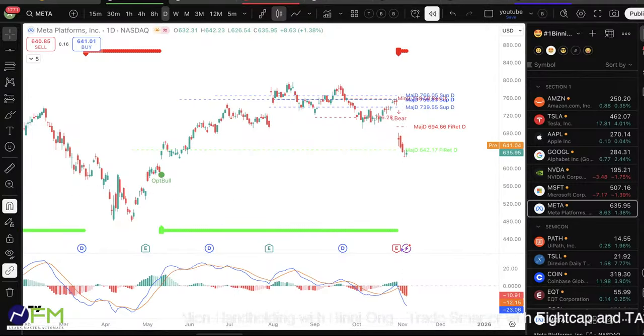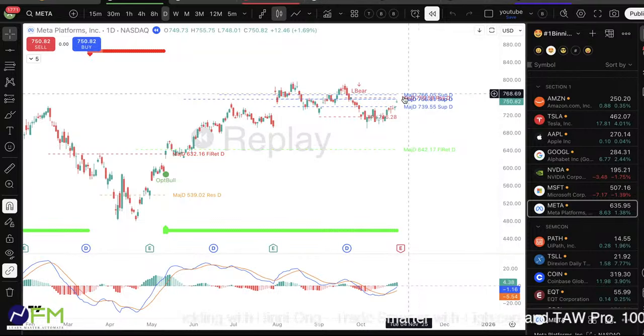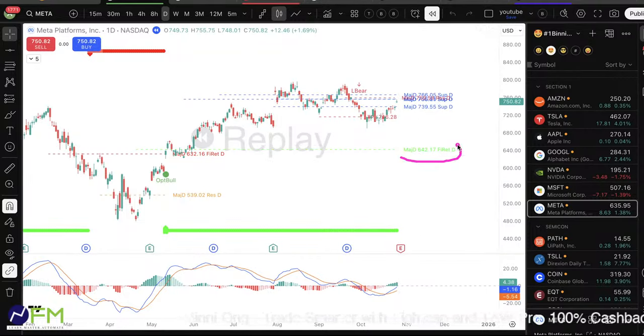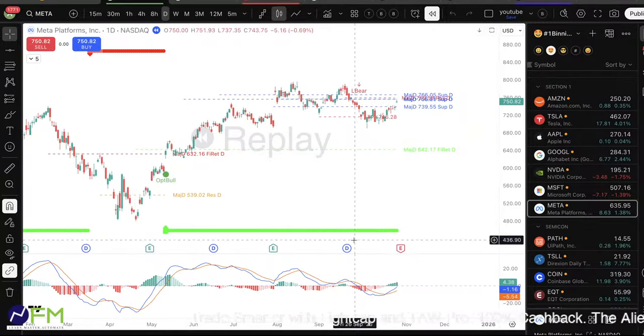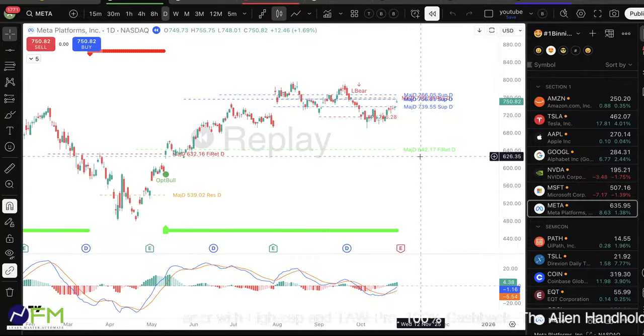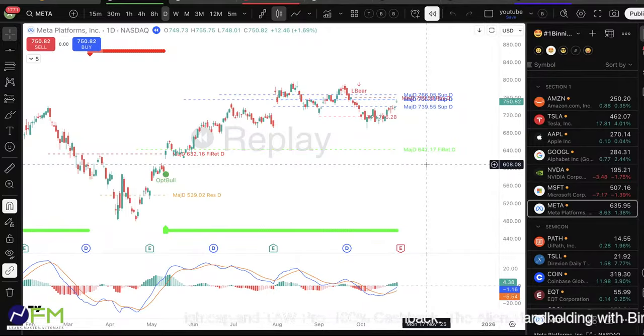That means that when Meta was here, we are able to know this is the key level of Meta. Now, if you do not know what I'm talking about, all these levels are very useful for certain tools, especially when you are trading options. Okay, I won't further elaborate on all this.